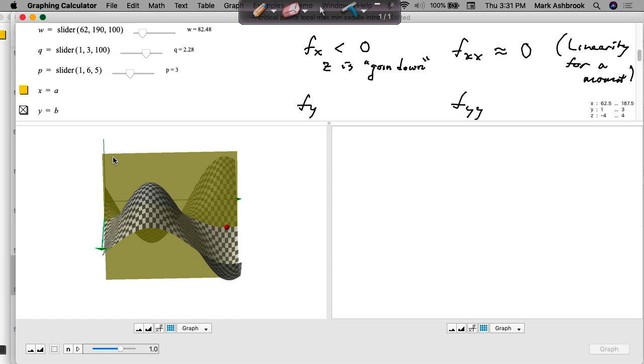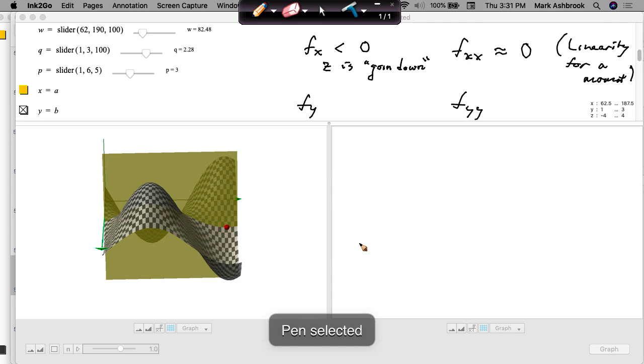It's a pretty good view right there to get both of them. So what do we think? Partial with respect to y is about what? We're looking at z values. It's really not changing, right? Approximately zero, because in the y direction we have a local minimum. It's like a low point.